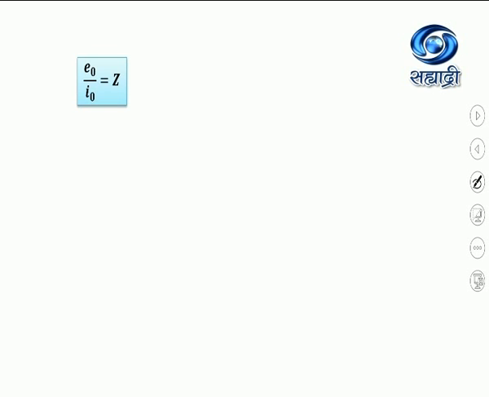Now E naught upon I naught represents Z, that is impedance. If I divide numerator and denominator by root 2, I get the same expression, that E naught upon root 2 divided by I naught upon root 2 is equal to Z. Obviously you will ask why I am dividing numerator and denominator by root 2.